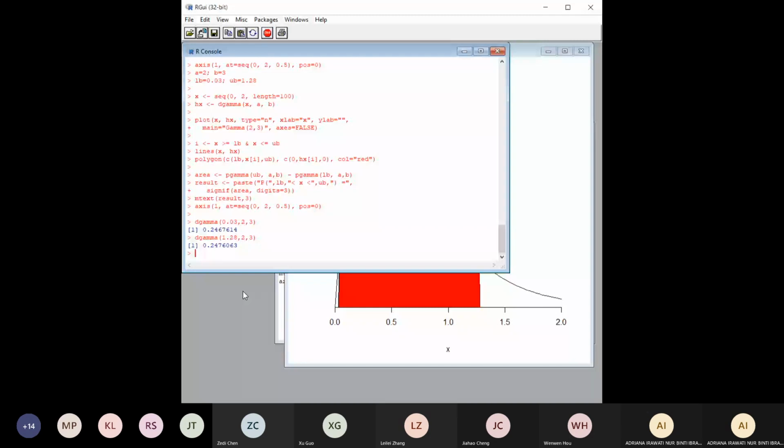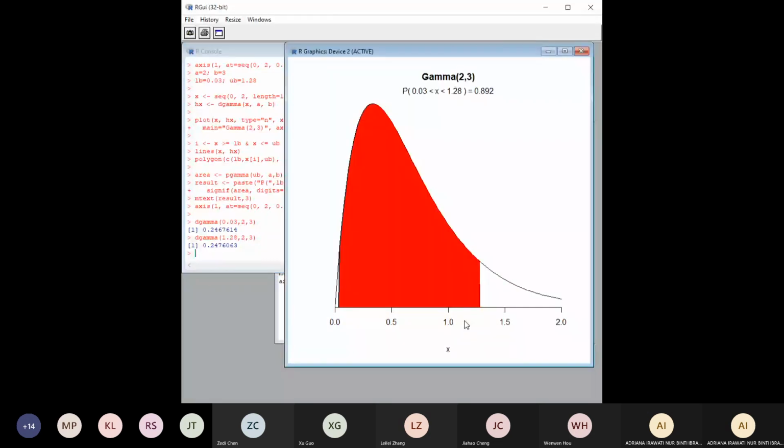The maximum density is maybe around 1, I guess. You can see the height here is 0.2, and here is 0.2. So the height of the graph at your lower limit and at your upper limit is roughly the same.